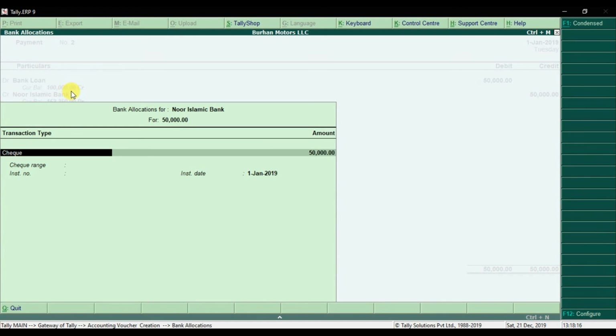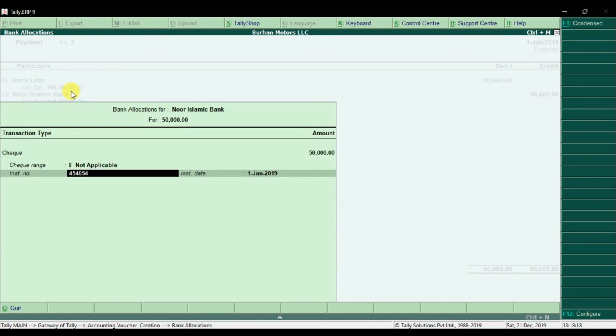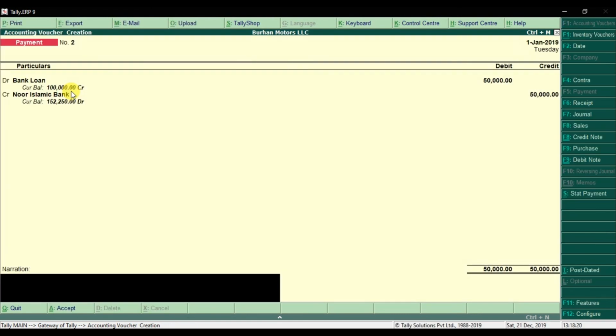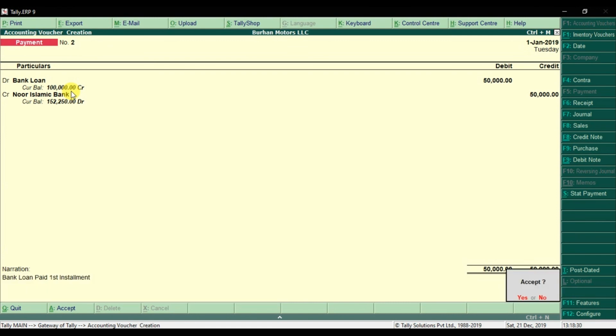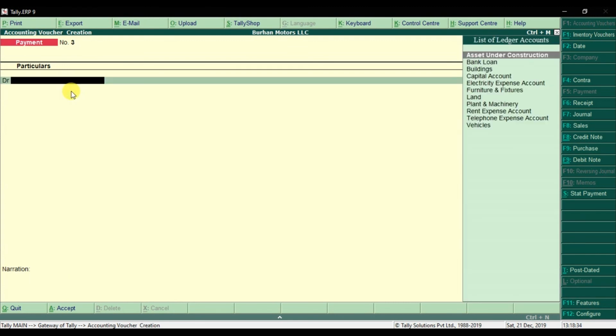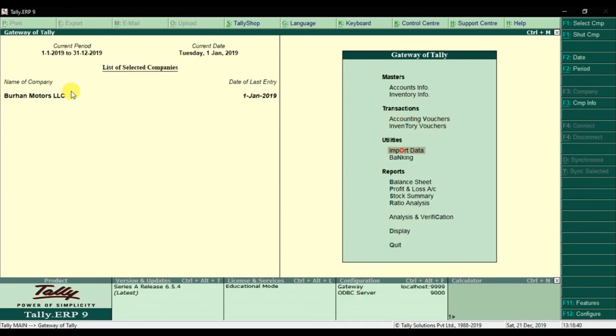Enter, enter, and that is the check information, the date of the check. Enter, bank loan paid, let's say first installment. Enter, enter. Now, so what will be the bank loan amount now? 100,000. Yeah. Because it decreases, we paid 50,000 back.